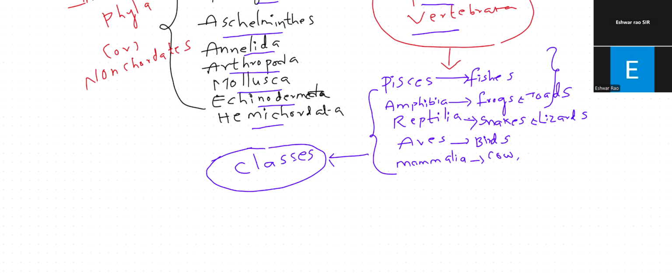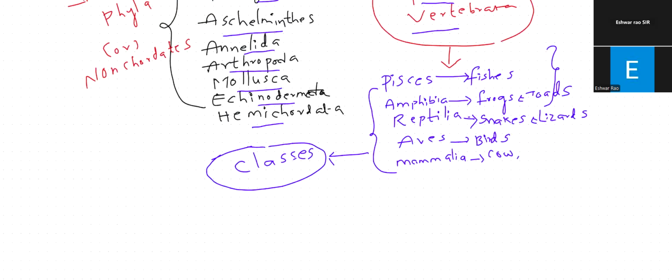Right. Now, let us talk about a few basic things which are helpful for classifying the organisms. Basics of classification.